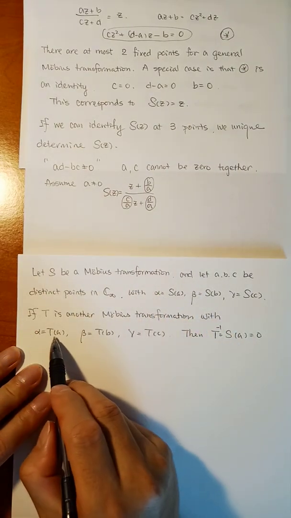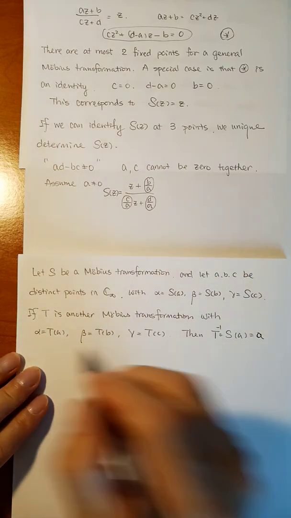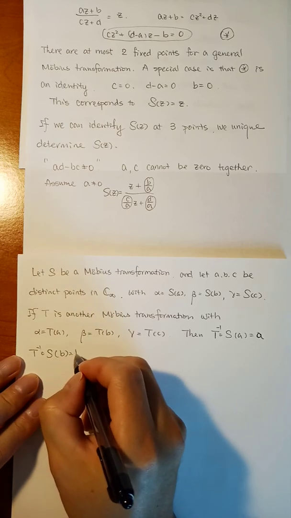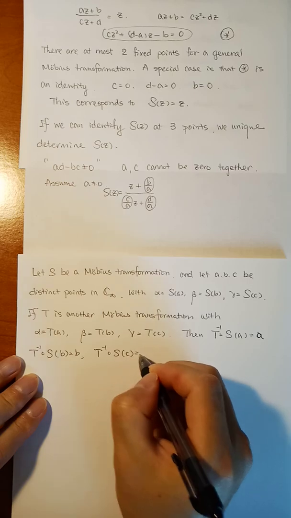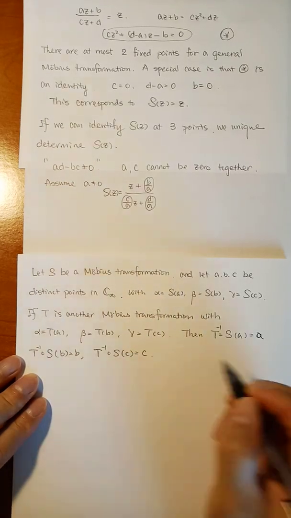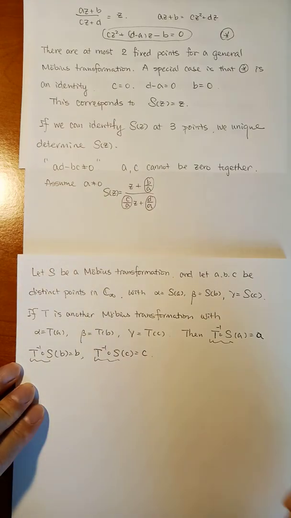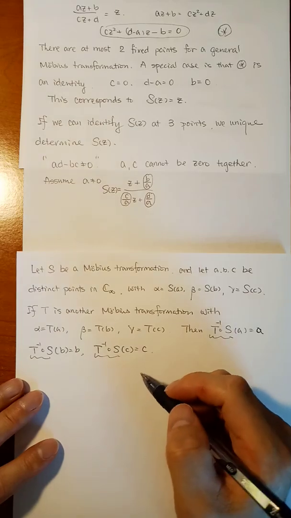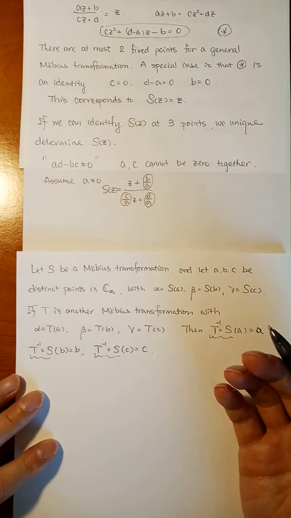Alpha is T of A, so T inverse of alpha is A. So this is A. And T inverse compose S of B is B. T inverse compose S of C is C. The composition of Mobius transformations is still a Mobius transformation, right?